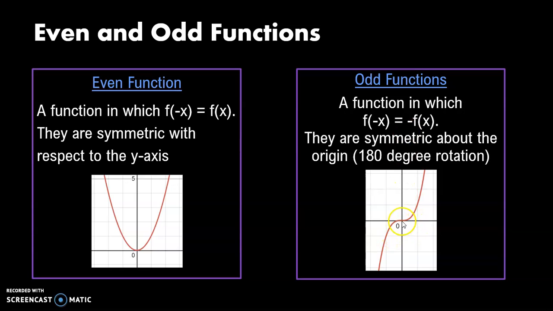Now, this is symmetric around the origin, meaning this first quadrant is rotated 180 degrees into the third quadrant. So it's kind of flipped upside down here into the third quadrant. So that is an odd function, and you can recognize it from its graph because things that are over here are reflected all the way down to here. They're rotated.